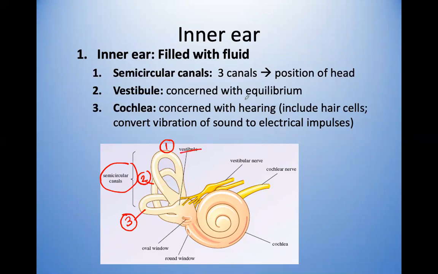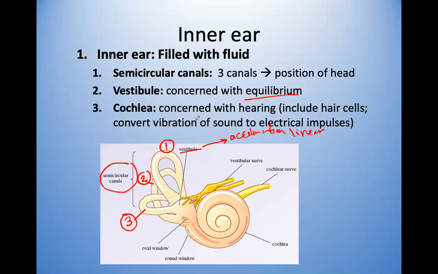The vestibule is not only concerned with equilibrium, but it can also tell you about acceleration. If you're sitting in a car, in terms of linear acceleration, speeding up, moving forward or backward, the vestibule is the part of the ear that can tell you.